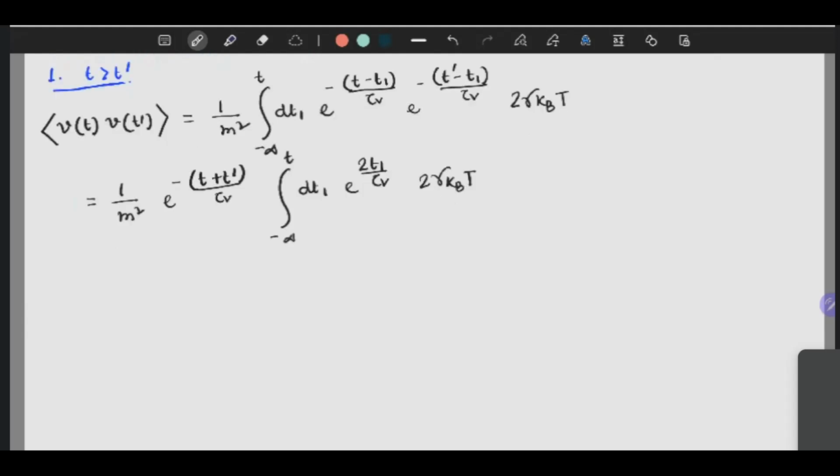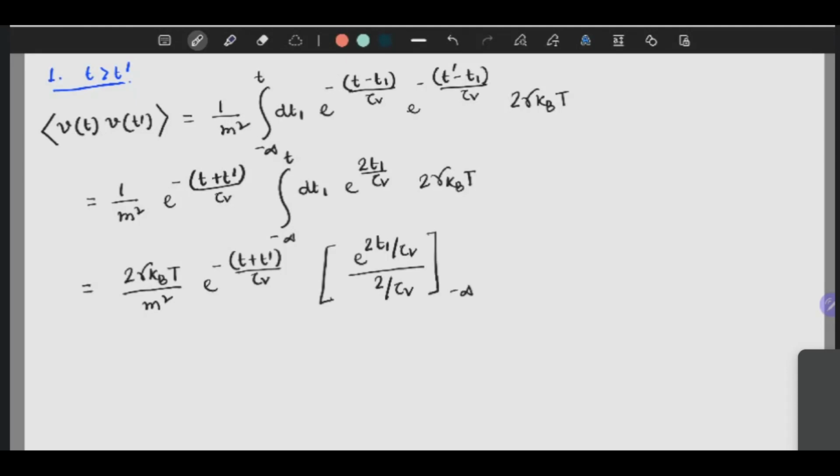Now if you take this integration, then it becomes 2 gamma kbt by m squared e to the power minus (t plus t prime) by tau v, then here e to the power 2 t1 by tau v times 2 by tau v, from minus infinity to t.